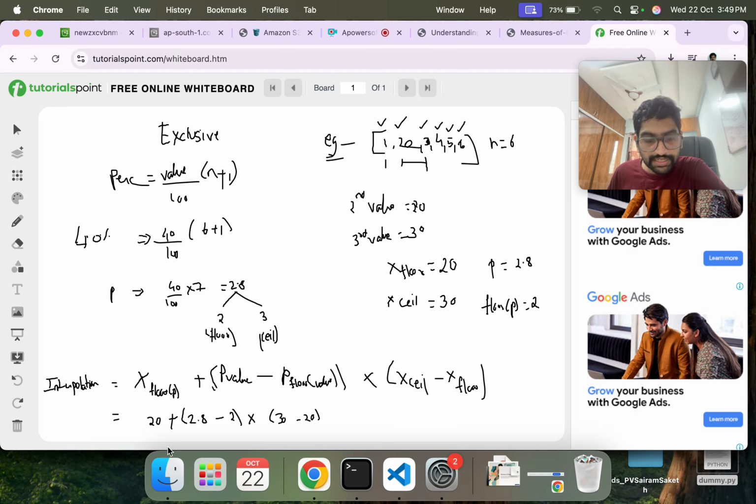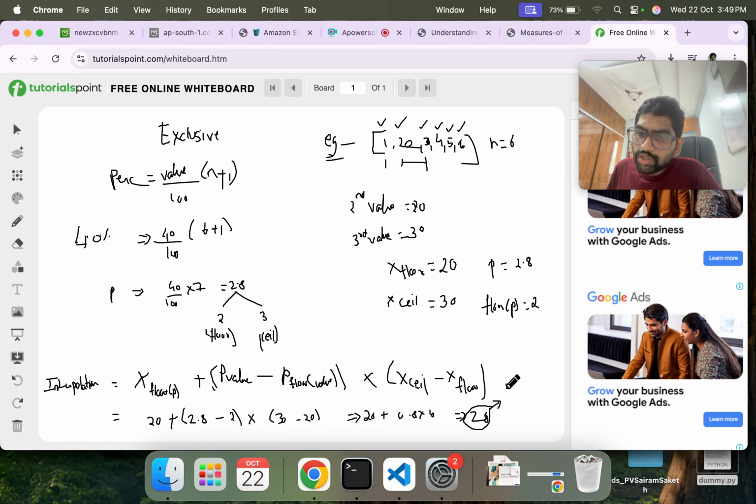Now if you solve it, you will get the actual 40 percentile value: 20 plus 0.8 into 10, which gives the value as 28. So this is your original actual value you will get using the exclusive approach.